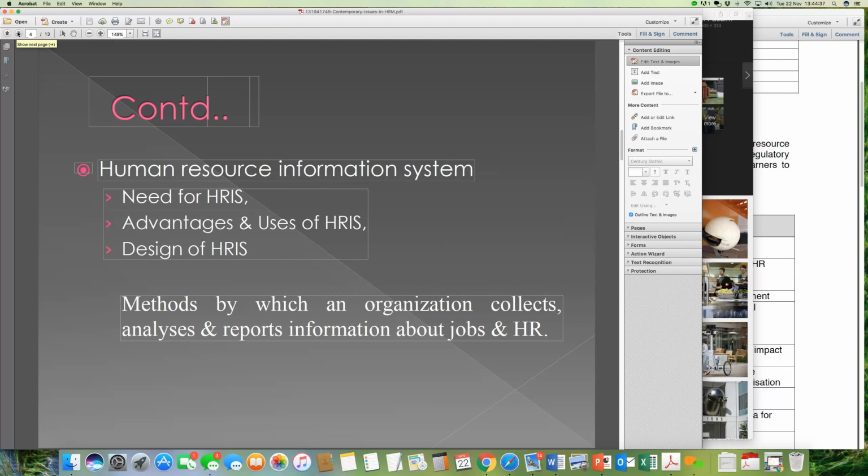That means only very few people within the department will be able to access all this information. And this information is from time to time updated. This information is compiled and is then used by the management to look at overall employee progress, productivity, and also the growth within the organization.